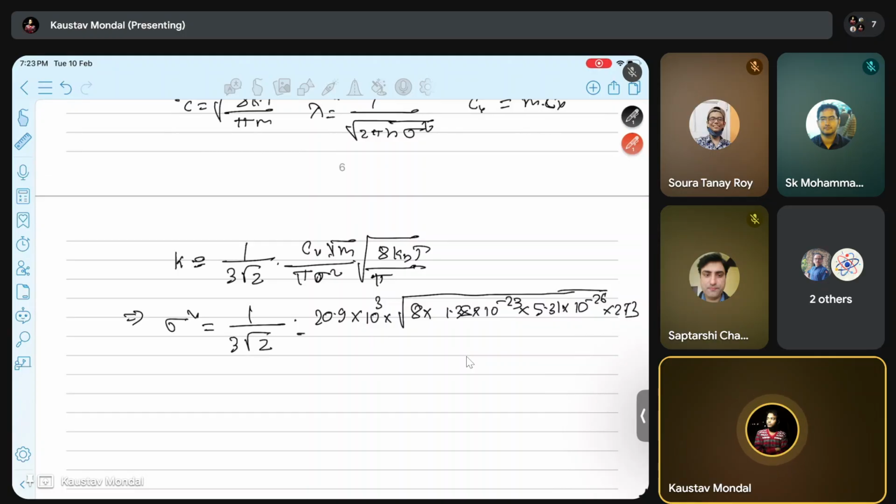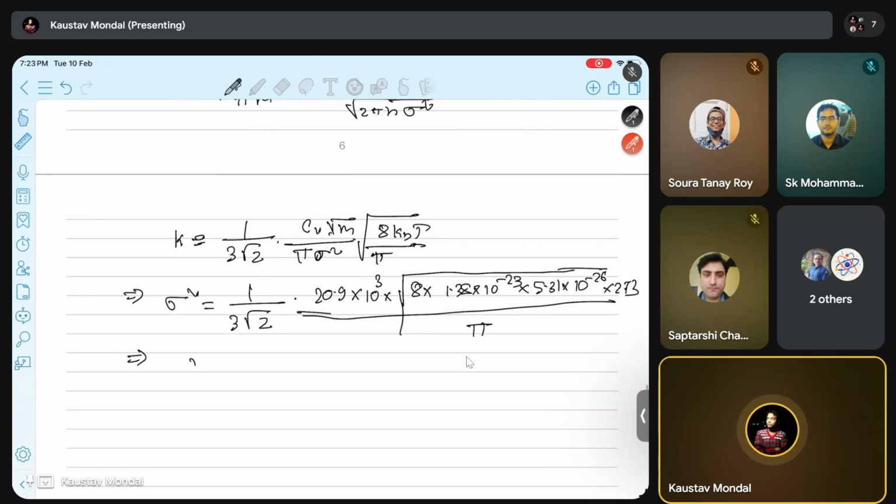Since it's at STP, we are writing the temperature as 273. This thing is divided by pi. So after doing all of that, the sigma we will be getting as 1.2 into 10 to the power minus 9 meter.